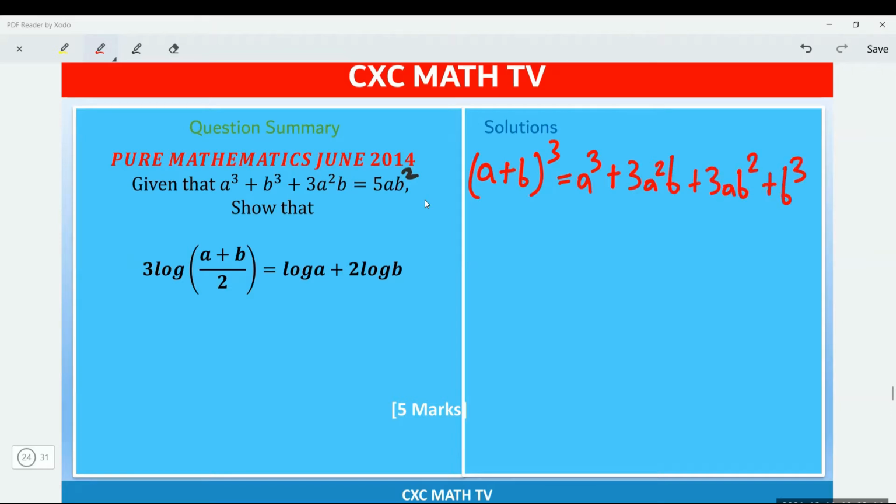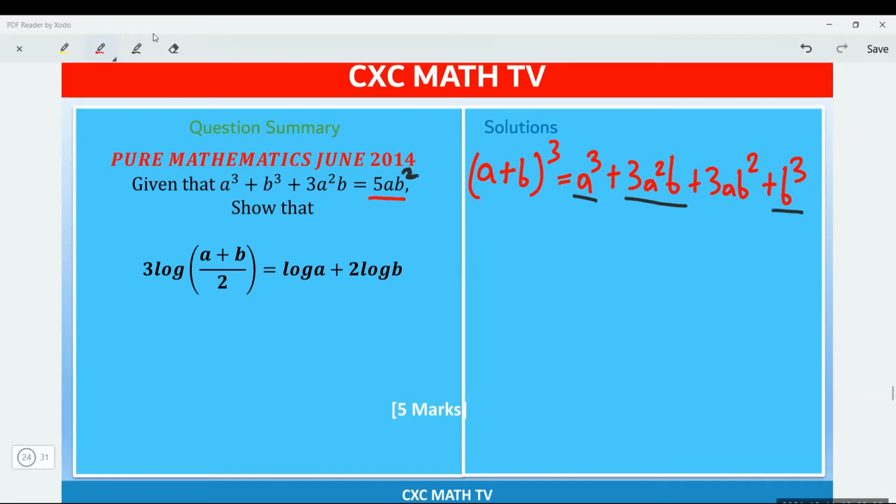That's how we expand (a plus b) all cube. Now, once you remember this formula, it becomes so easy because I'm going to underline a cube, the 3a squared b, and the b cube.